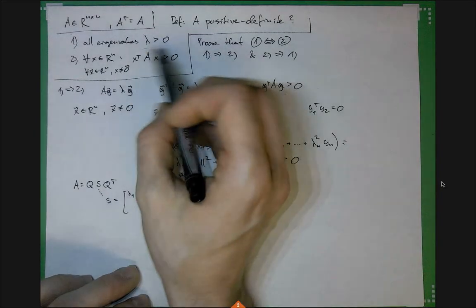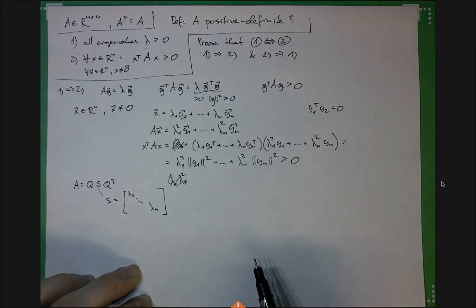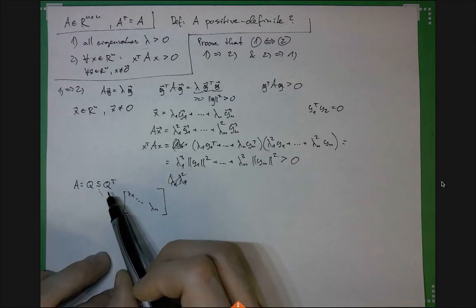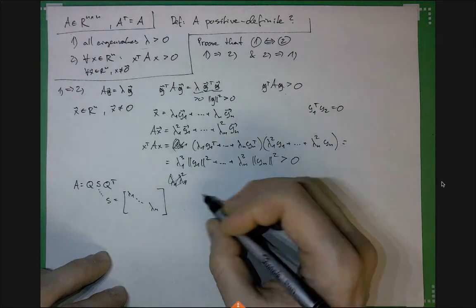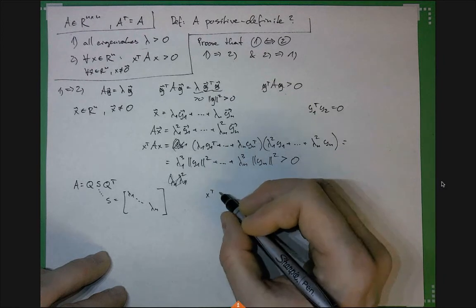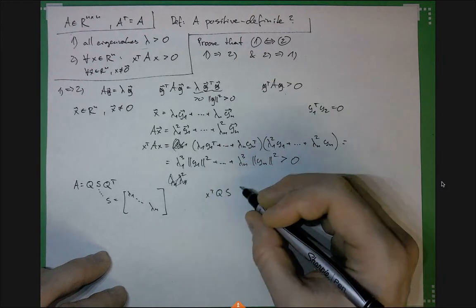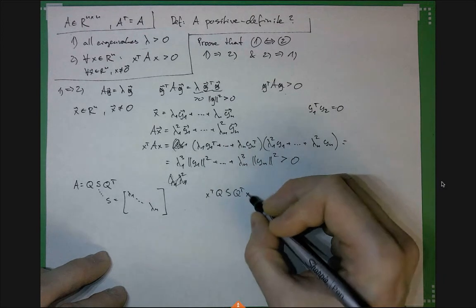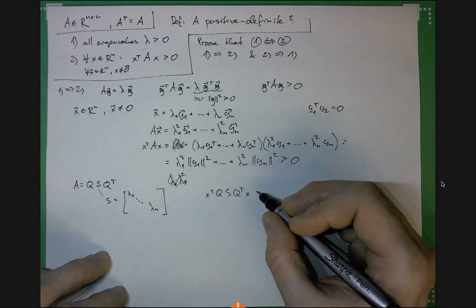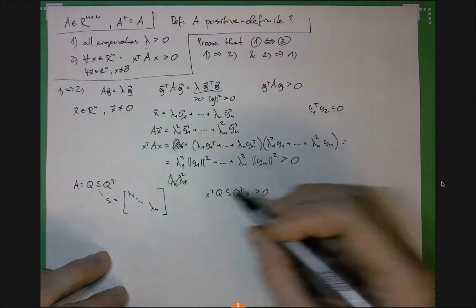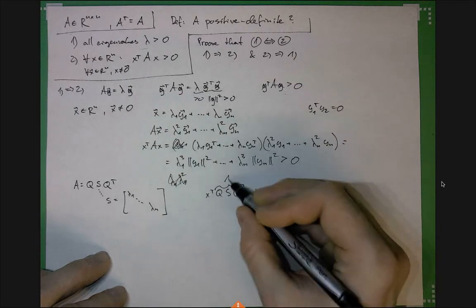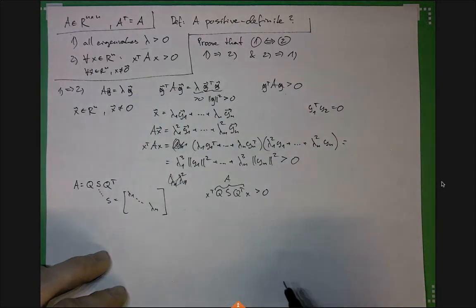That's my assumption here, that all the eigenvalues are positive. And now what I need to do is to show that x transpose Q S Q transpose x is positive, right? Because this is just A written in a different way.